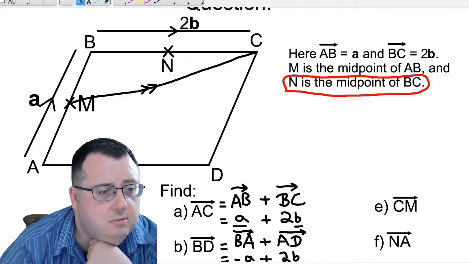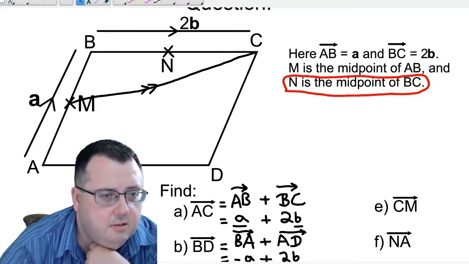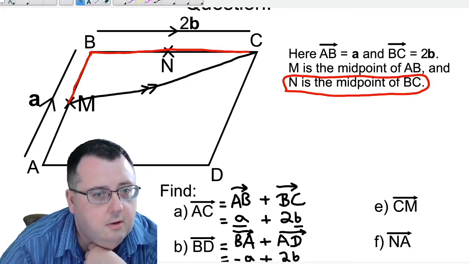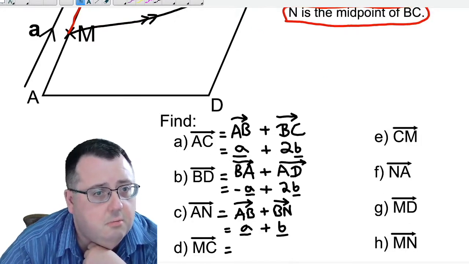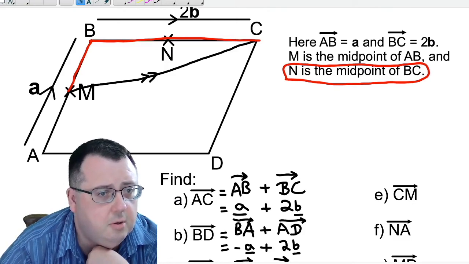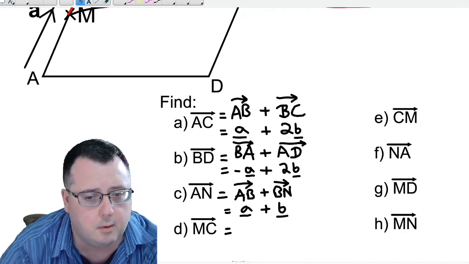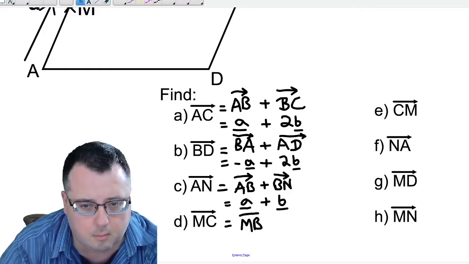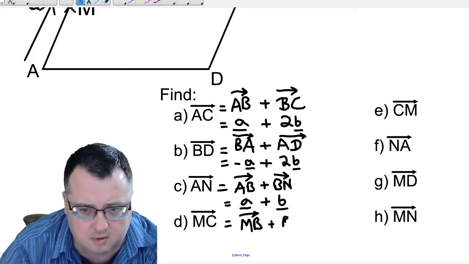Now I can't go directly from M to C, but I can do this. So what are those distances? I'm going first from M to B. And then from B to C.